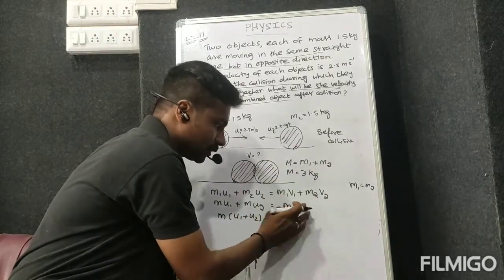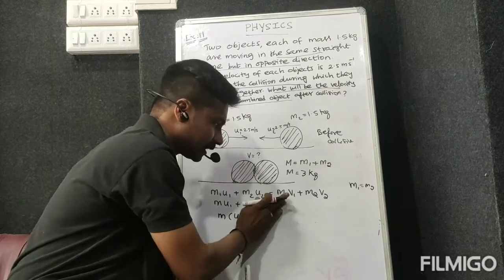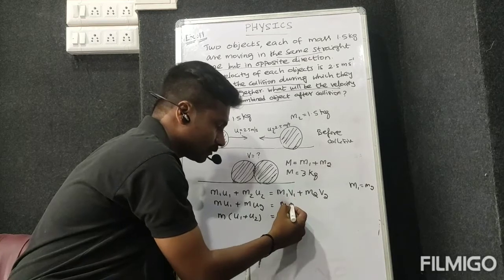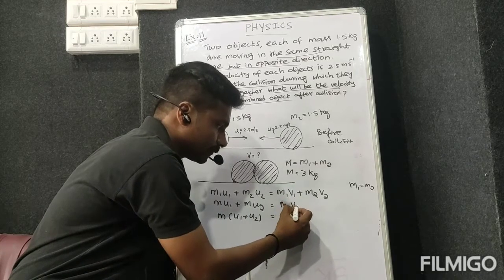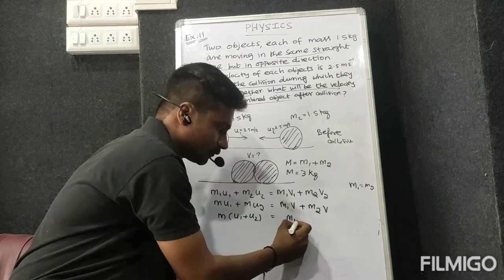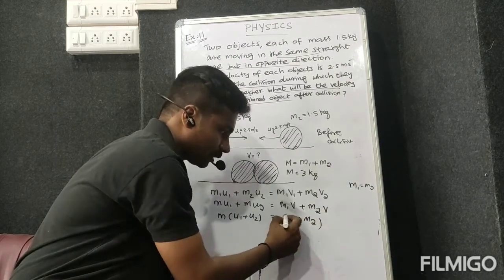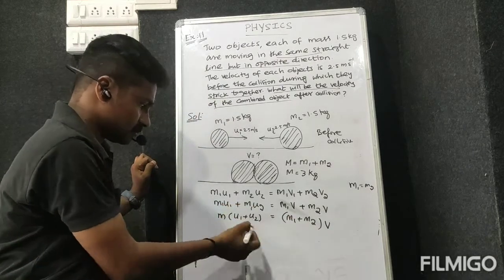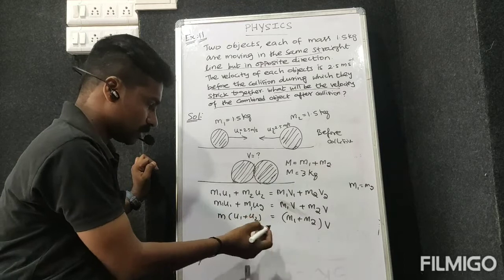So I can write M1 V plus M2 V, so M1 plus M2, with V common.